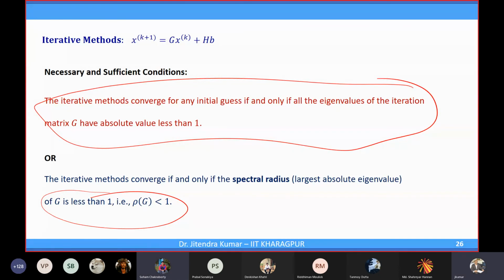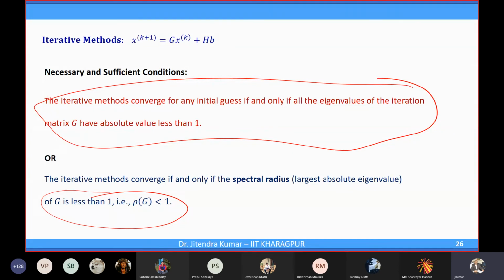Okay, it's a well-established term, so I don't know how this name has come there. I don't know why the name spectral radius was used in the literature. But this is a unique name which is used for the largest absolute eigenvalue. It's called spectral radius.